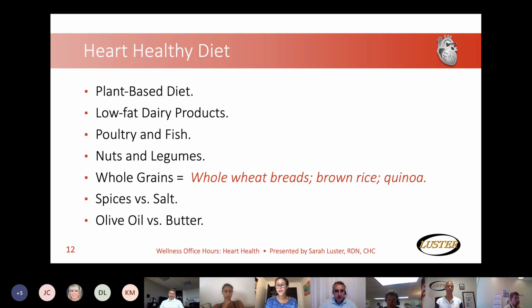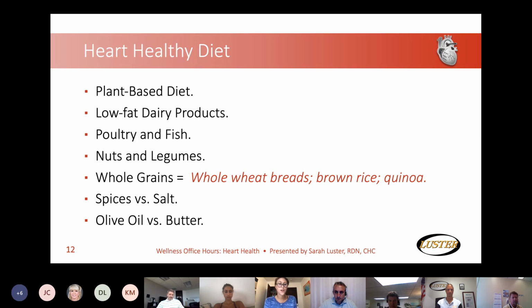A plant-based diet is really eating a lot of fruits and vegetables, limiting intake of red meat, low-fat dairy products such as Greek yogurt, which is helpful to prevent heart disease. Poultry and fish, nuts and legumes, whole grains, so your whole wheat breads, your brown rice, and your quinoa, and you want to avoid the white bread, the white rice, and the bleached flour ingredients.